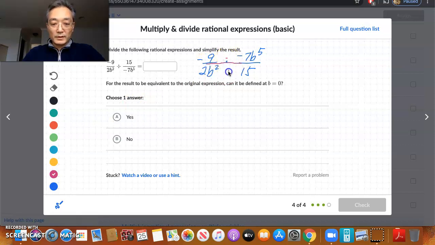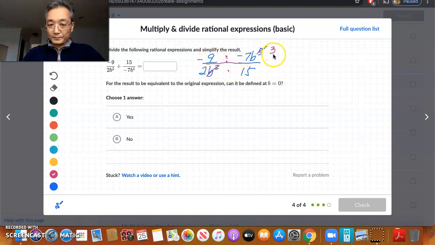Okay, so it's multiplied on top, multiplied on bottom. And let's see if we can cancel out some common factors. Definitely we see here a b squared, right? That's going to cancel out with b to the 5th, leaving us with b cubed. And then we have a 9 here and a 15 here.